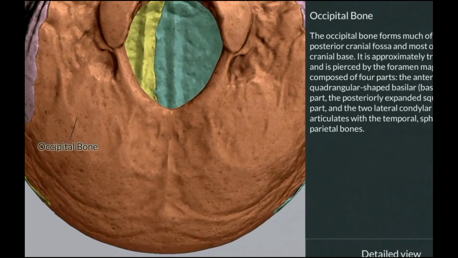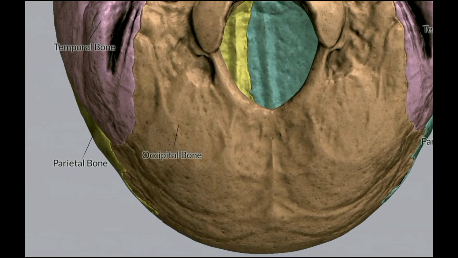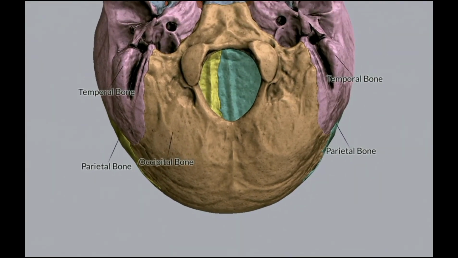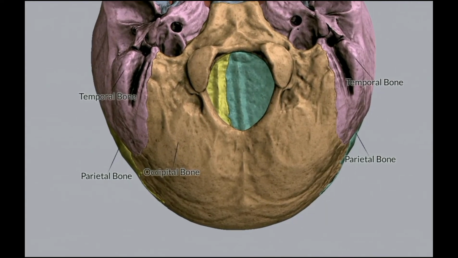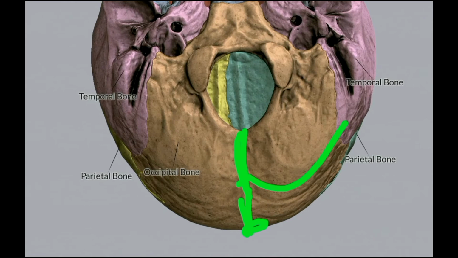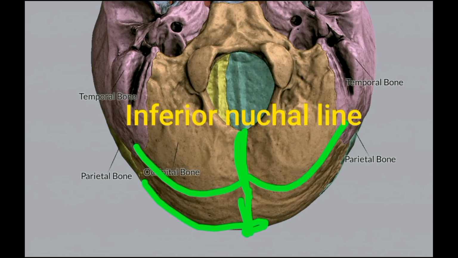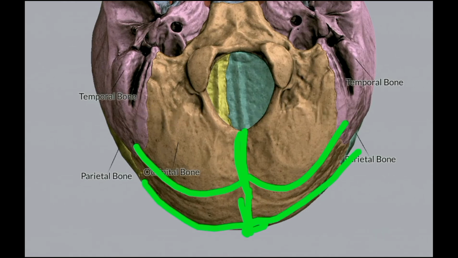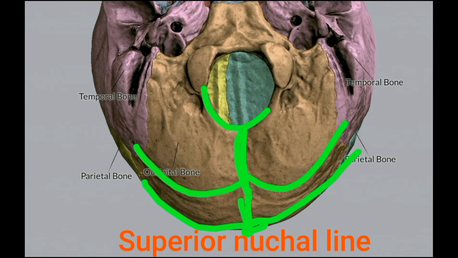Remember that. As you go posterior to the foramen magnum, you will see a crest similar to the crest inside. This is called the external occipital crest, extending from the posterior margin of foramen magnum to the external occipital protuberance. In the middle you will see the inferior nuchal line. On either side of the external occipital protuberance you will see the superior nuchal line.